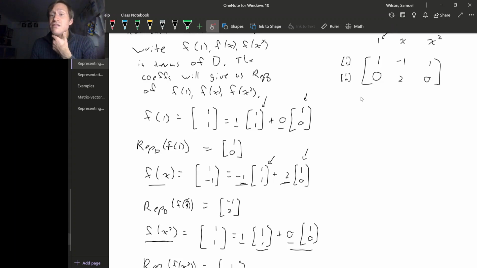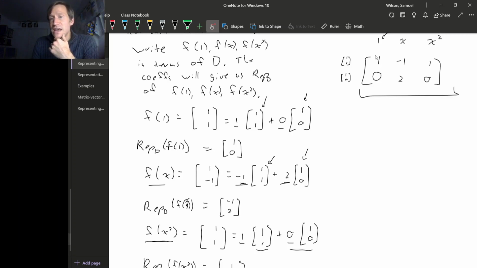All right, so this is our matrix, right? And the general process for any linear map will work the same. We'll have a column for each basis element in our domain. We'll have a row for each basis element in our range.